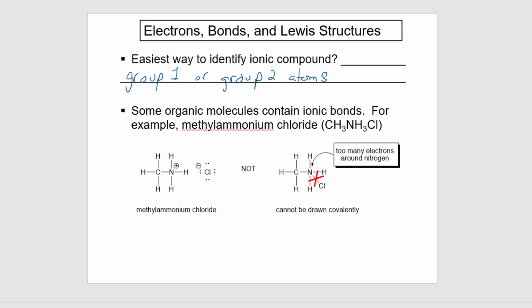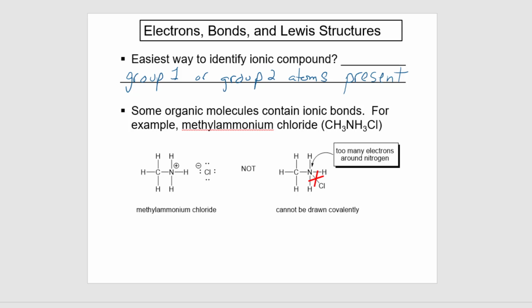These are metals that only have 1 or 2 electrons in their valence shell. So they're more susceptible to giving. Thus, when you have a molecule and you see one of these group 1 or group 2 atoms present, then, oof, you're like, that is probably an ionic compound. And right there and then you can start attributing charges and understanding how it's going to behave in the chemistry that you're looking at.